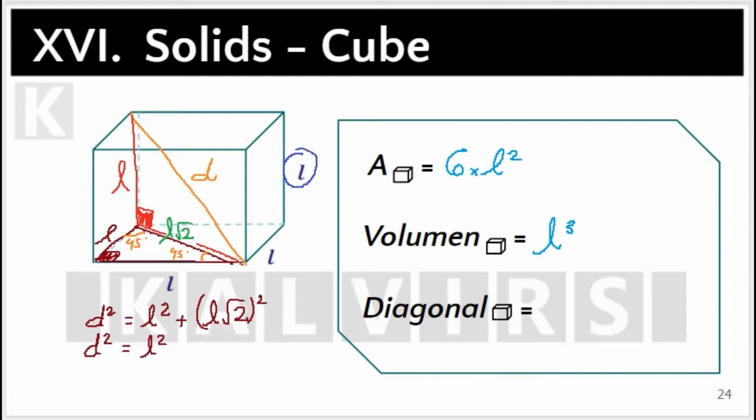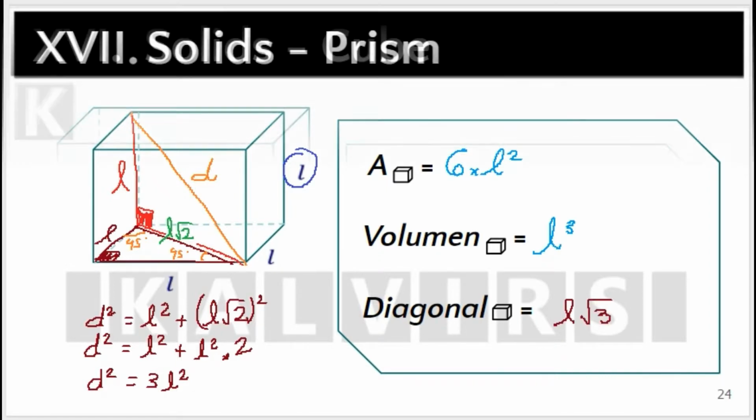D squared equals L squared plus L squared times 2. D squared equals 3 times L squared. Finally, the diagonal of the cube in terms of L is L times the square root of 3.